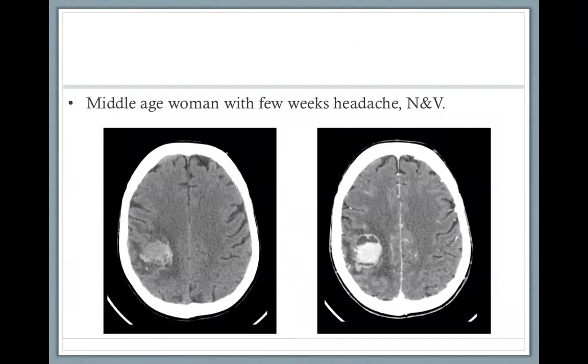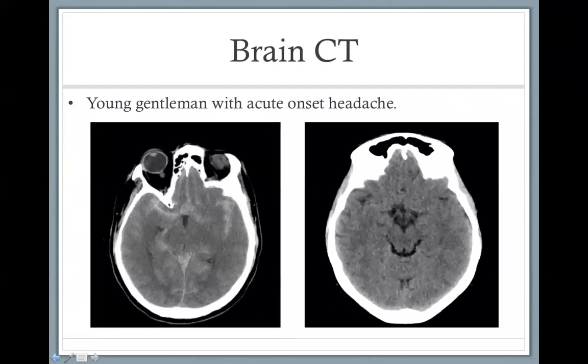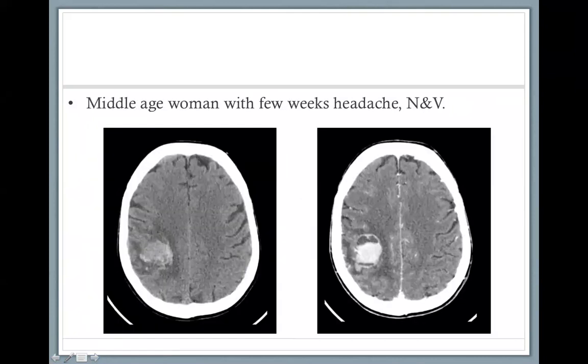Let's start by asking the question. So this is a middle-aged woman. She has a few weeks history of headache. For the previous case, because somebody was asking, this is a subarachnoid hemorrhage, okay? Usually an aneurysm would rupture and that causes subarachnoid hemorrhage.